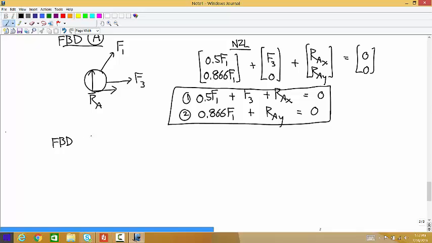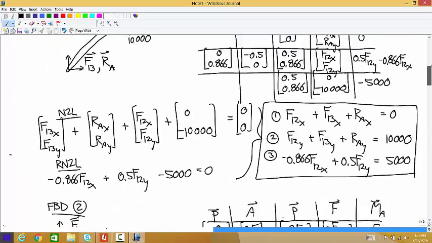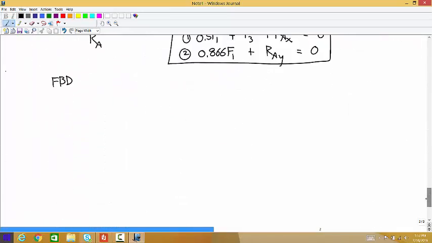Then a free body diagram of, what's the top one, B? So at B, we have the downward force of 10,000. We have a force this way of F1 and a force this way of F2.